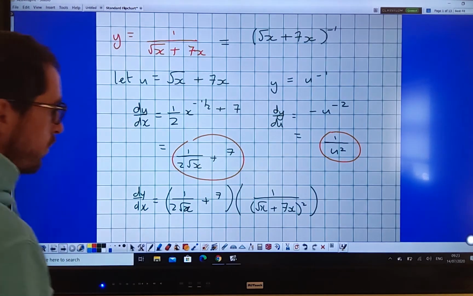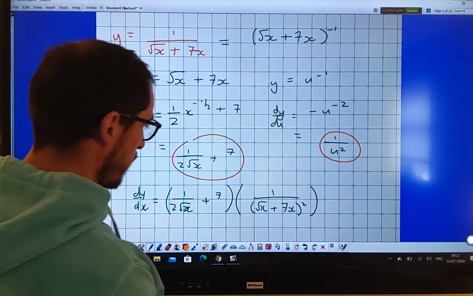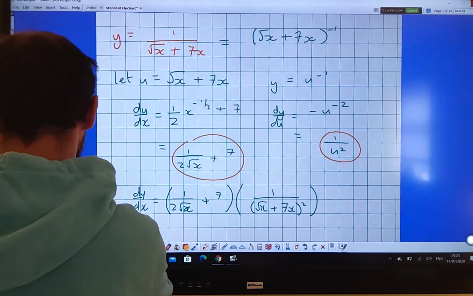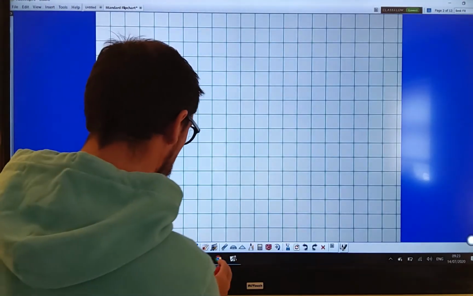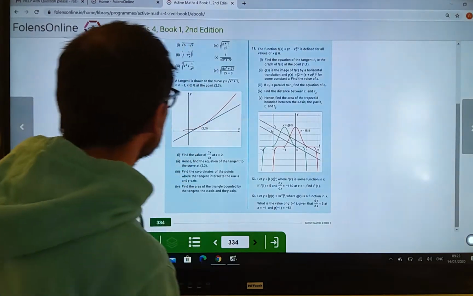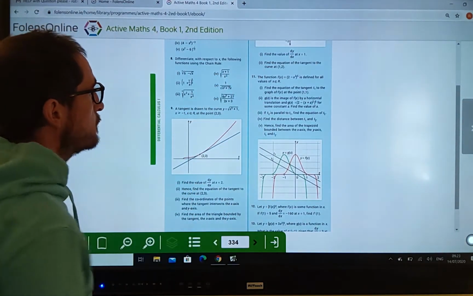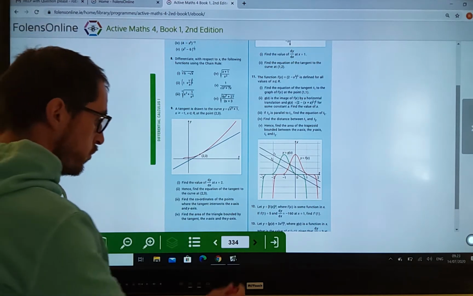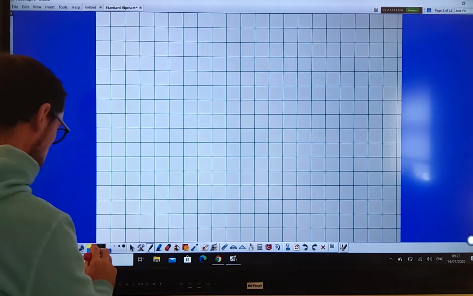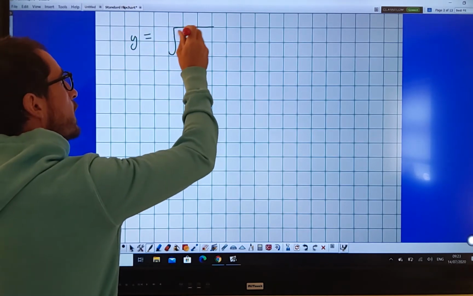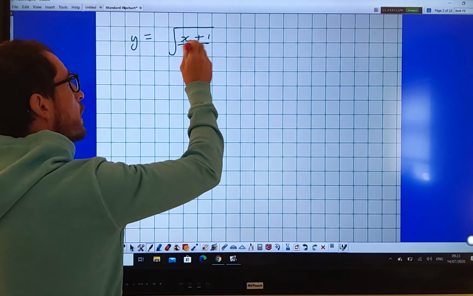Now, the other question that I got requested was as follows. Here we go. It was 8 part 4. So we've got the square root of x plus 1 over x squared, okay? So we have y is equal to the square root of x plus 1 over x squared.